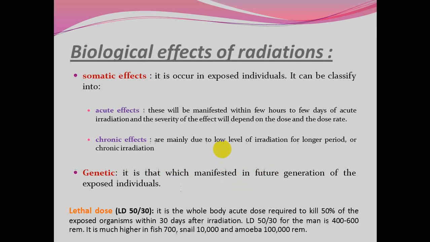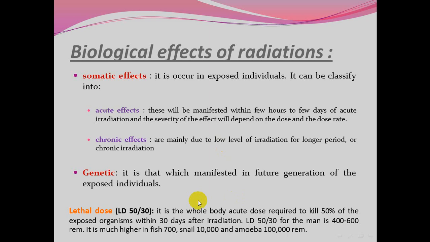The somatic effects happen when the individual exposed to radiation suffers from this biological effect, while the genetic effect does not happen in the exposed individual, but we can see it in future generations of the exposed individual.